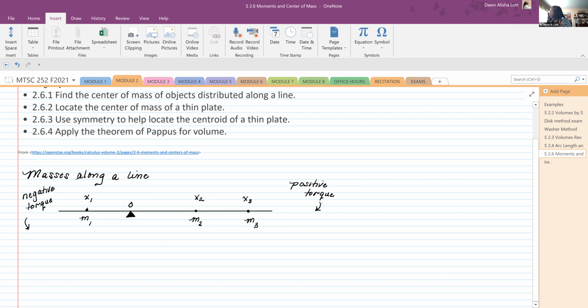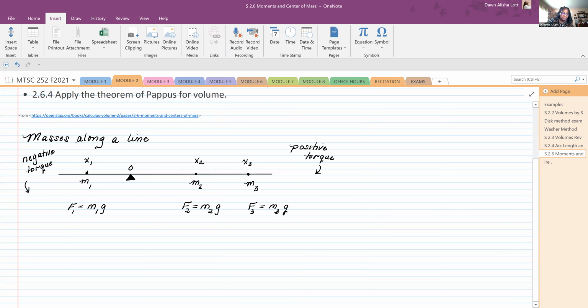So each mass, all right, we know, and then of course, force is equal to mass times acceleration. We know that. So there's a force, F1, that comes from this mass, M1 times G, that wants it to rotate. A force F2 equal to M2 times G that wants it to rotate. And a force F3, which is equal to M3 times G. So we already know what each of these forces are, where G is the constant of gravity.